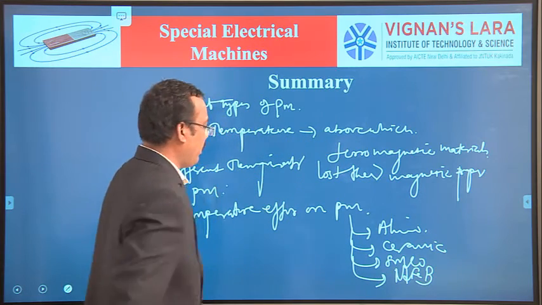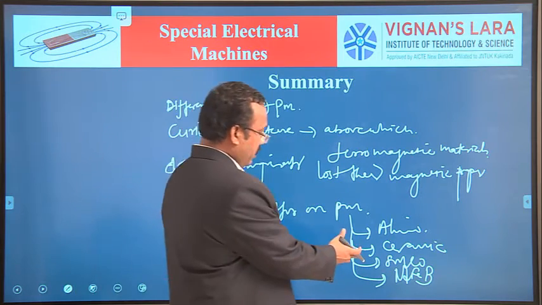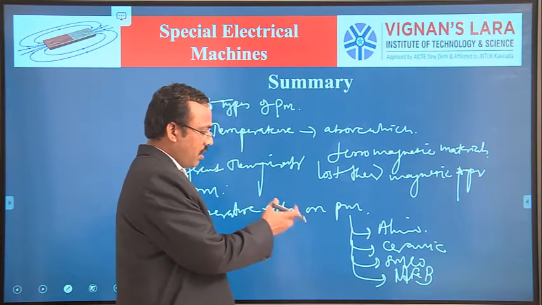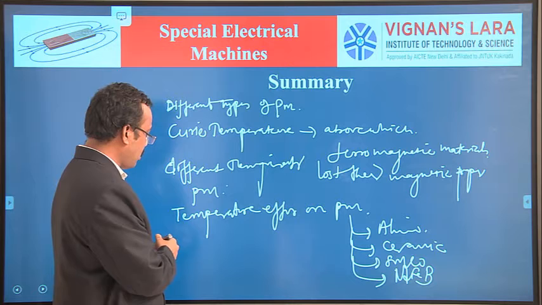We already studied these four magnetic materials, the Curie temperature and the operating temperature. We also studied the losses.